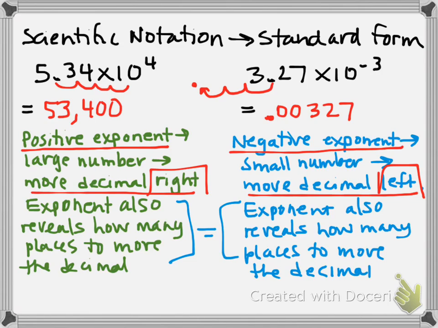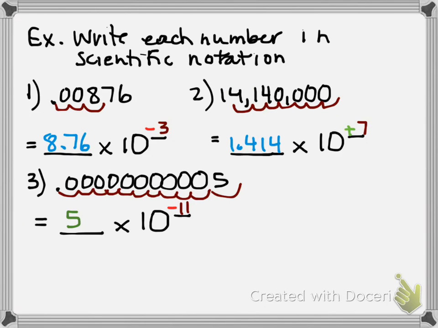So we're going to go back to the example page. I think I have room on mine. Nope, I don't, because I need to put another set of directions. So the new directions would be write each number in standard form.